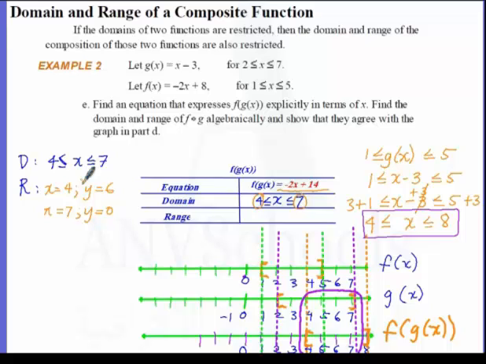We have to include this portion here. So our range would be in between 0 and 6. That would be our range for f of g of x is equal to negative 2x plus 13.